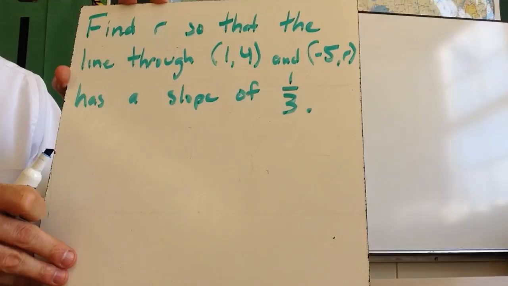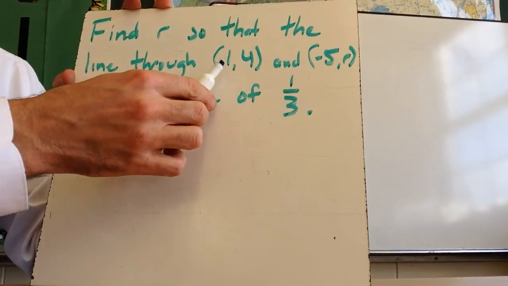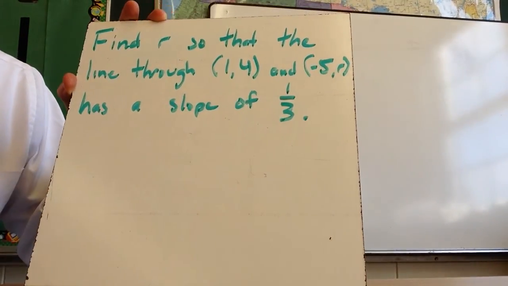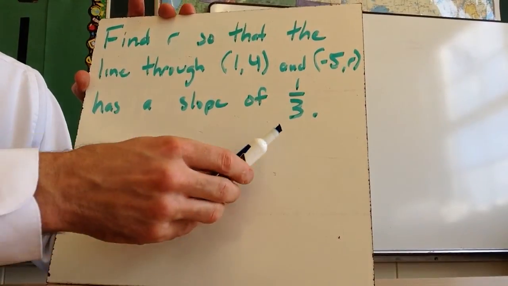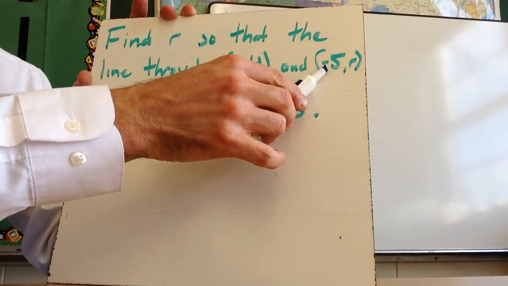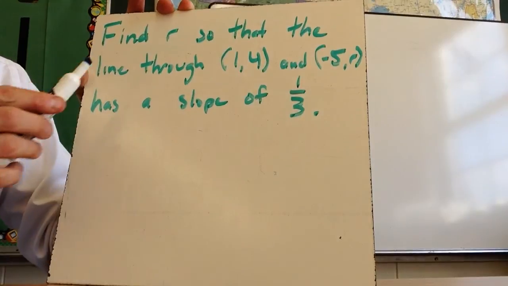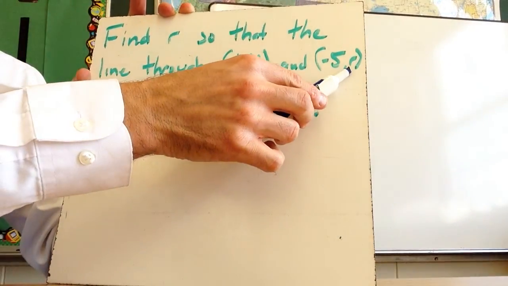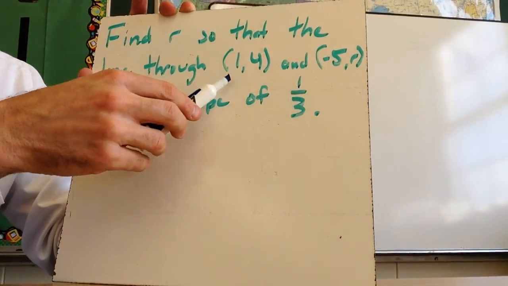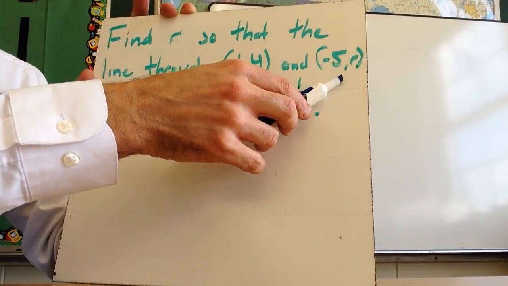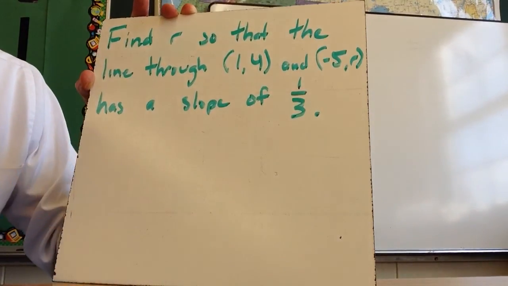And so typically, when you've found slope, they've given you the four coordinates and asked you to find the slope. In this particular problem, they're giving us the slope and three of the coordinates, and we have to find the fourth. So the idea is to find r so that the line through (1, 4) and (-5, r) has a slope of 1/3.